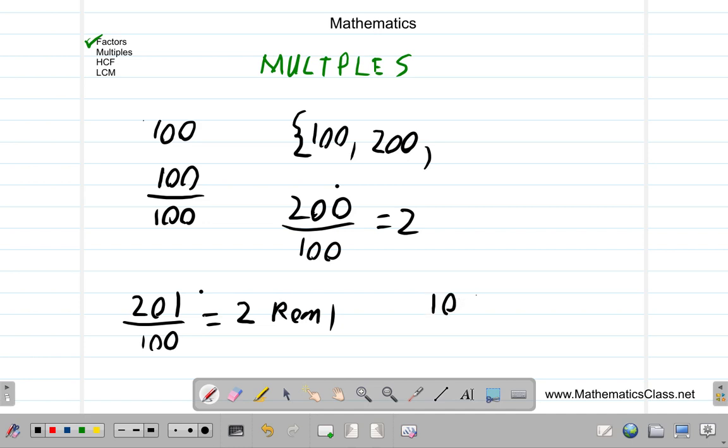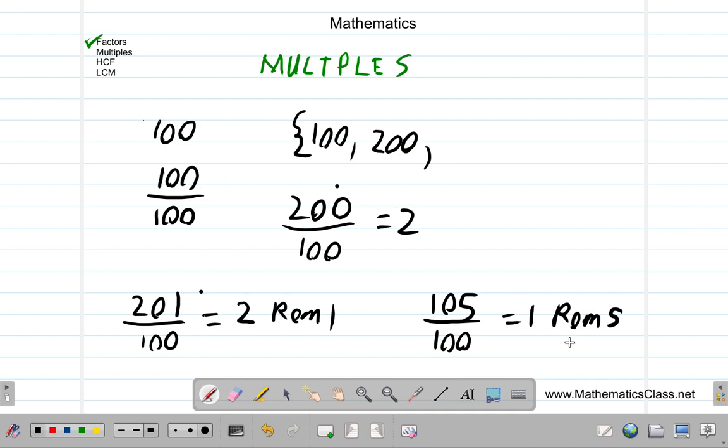Let us try 105 divided by 100. You get 1, remainder 5. Since you get a remainder, then 105 is not a multiple of 100.